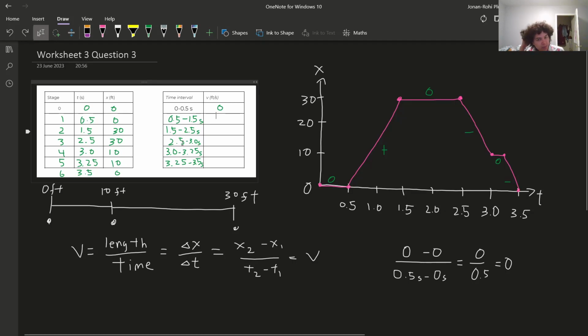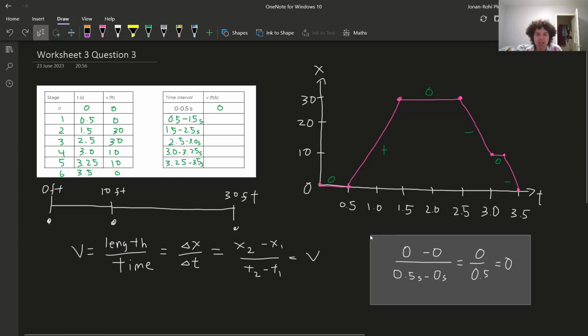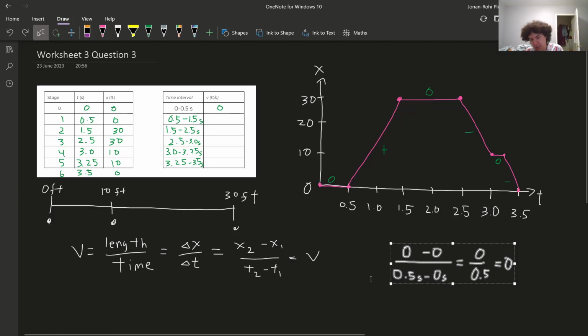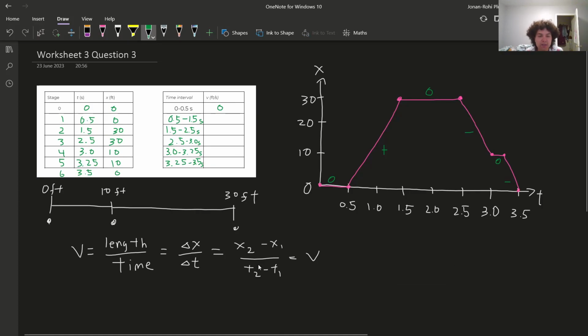Now let's do a slightly more complicated version, which is the next time interval. I'm going to erase this. You can always reverse if you want to see it, but we're going to plug in things again. We need to figure out the later time, the end of the interval, and the earlier time, the beginning of the interval. We've already said the beginning of our interval is 0.5, and the end is 1.5.